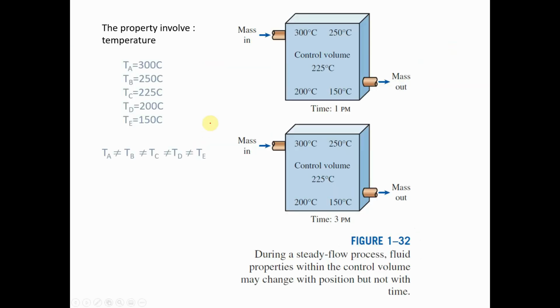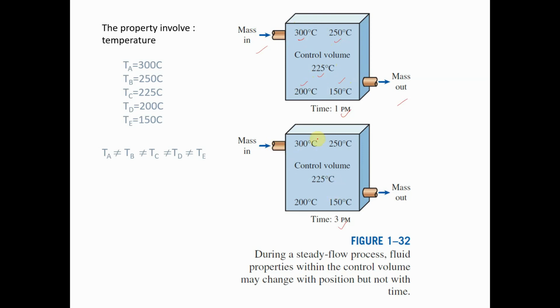I'm going to give you an example. Here you can see we have two systems, one at 1 p.m. and one at 3 p.m. You can see the mass goes in and goes out, and inside the system, the control volume, which is an open system, the temperature is different at different positions.